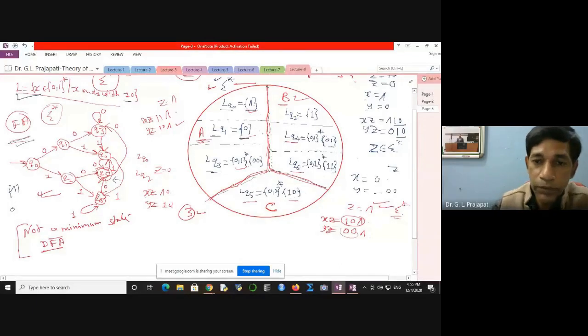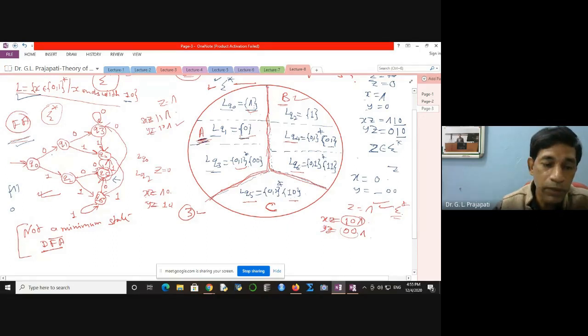Here you have come to know that with respect to the language accepted by the FA, any two strings from this equivalence class cannot be distinguished, and hence on any such string from this equivalence class, your FA should not go to different places.